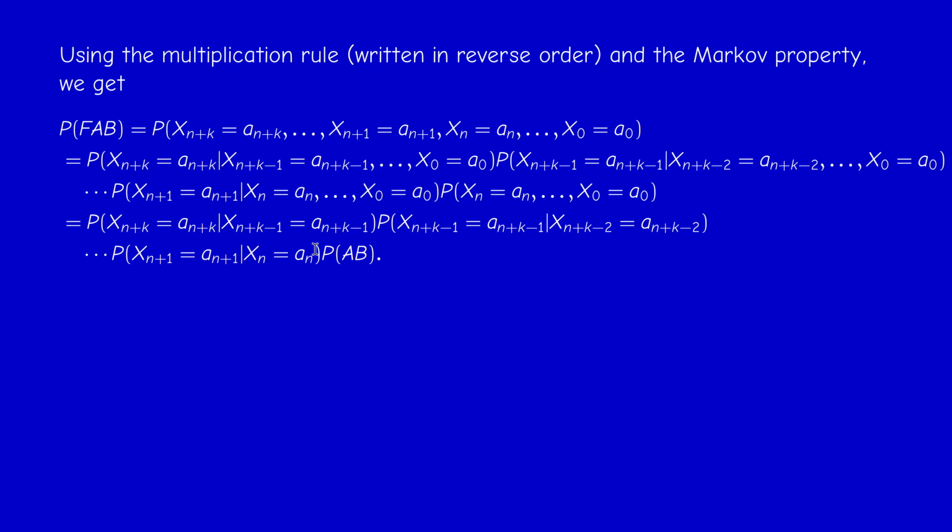So, and now we apply the Markov property, which tells me that when I have a conditional probability given the present, I can neglect everything before. So the probability that xn plus k equal an plus k, given what is before, I can eliminate everything here. So the first term here is the probability of xn plus 1 equal an plus 1, given just xn equal an.